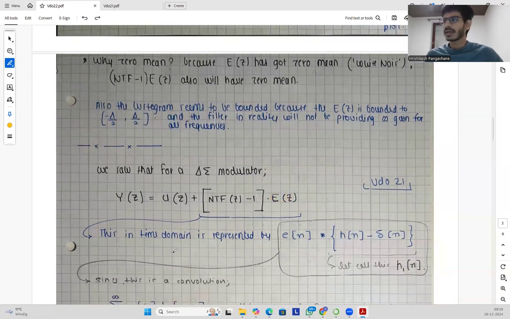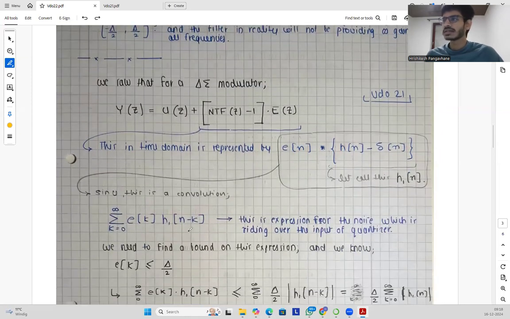This noise part in time domain is represented by the convolution of e of n with h of n minus delta of n. And for simplicity, let's call this h1 of n.